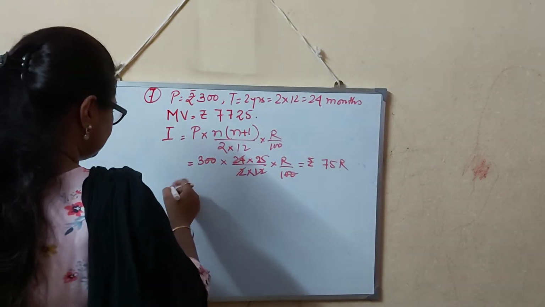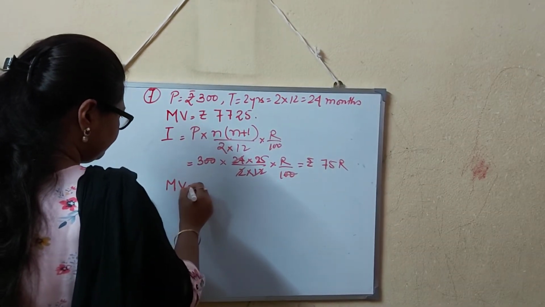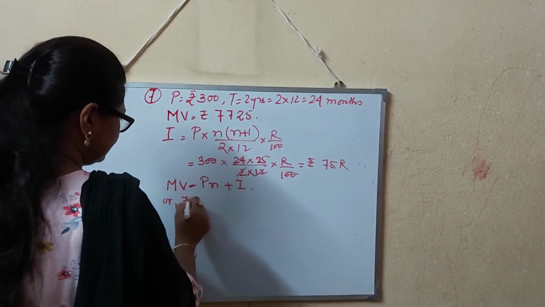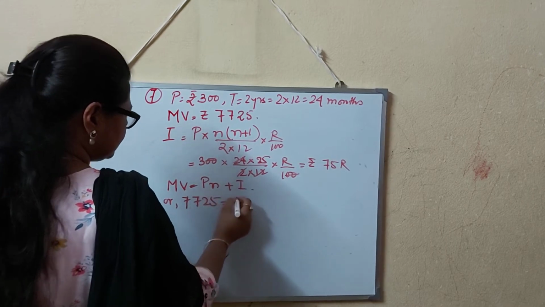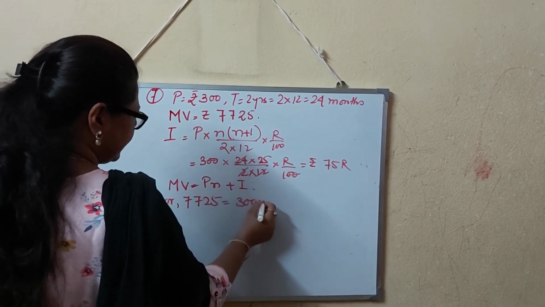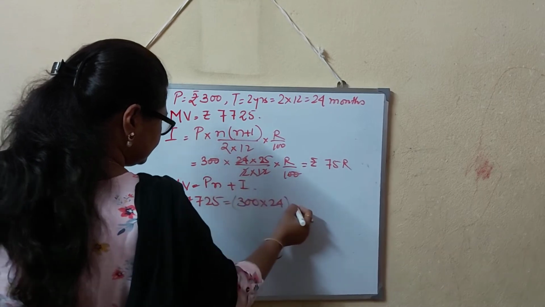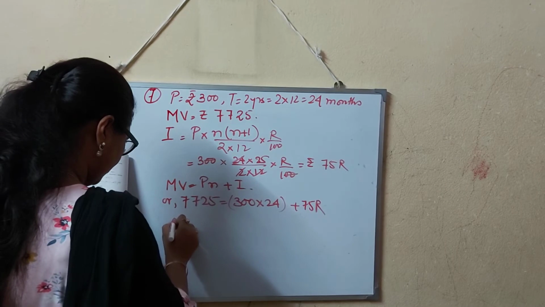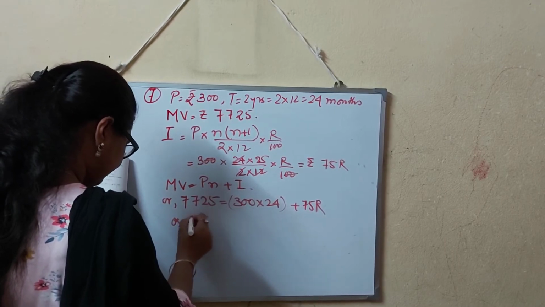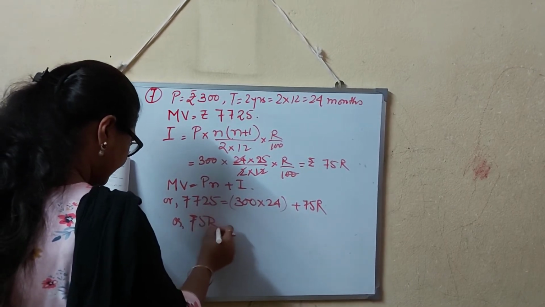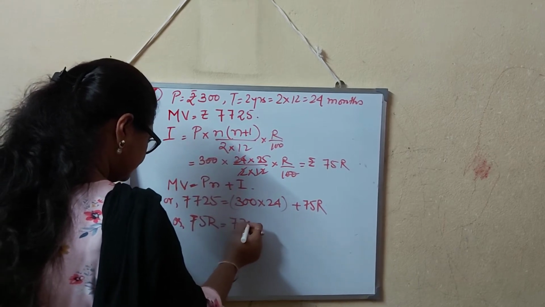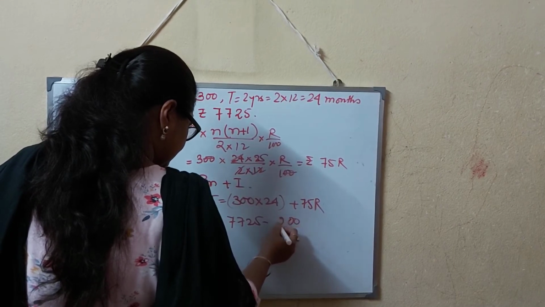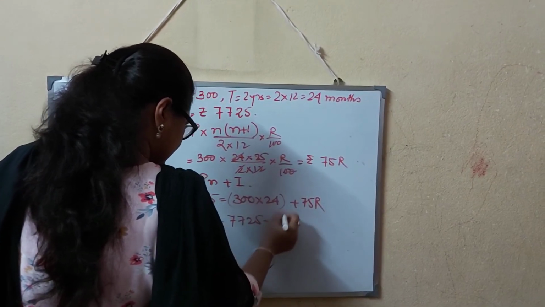Okay. So according to the question, MV is equal to P into N plus I. So what do I have? 7725 is equal to P is 300, N is 24, plus 75 R. So how much am I getting? 75 R is equal to 7725 minus 7,200.